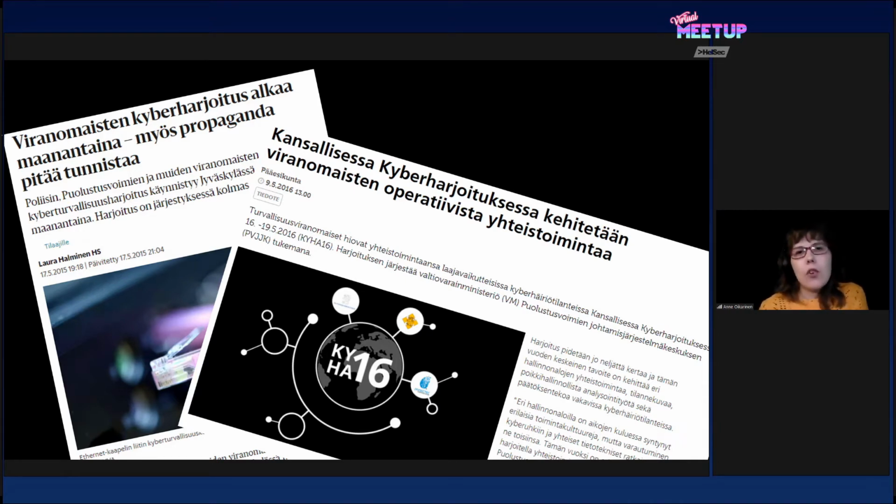There were several blue teams and one red team to attack them all. Then there was a purple team to observe, and the white team who had planned all the game events. And when I was there, all the blue teams had Linux computers, Linux servers and desktops.